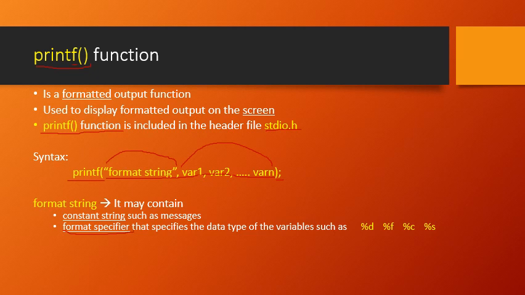Secondly, it may contain something called the format specifier. The format specifier tells the data type of the variables which we use in the printf statement. Pay attention here. The format specifier tells the type of the data we are going to display in the variables, that is, what the data type of that particular variable is.